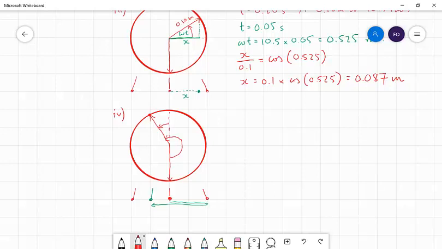So the time taken, we can call this little green time here, will be T over 2 plus little green t. So let's find little green t.